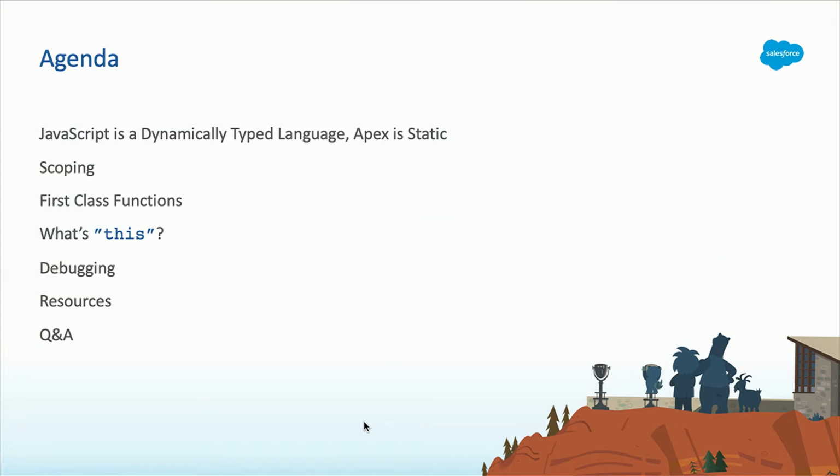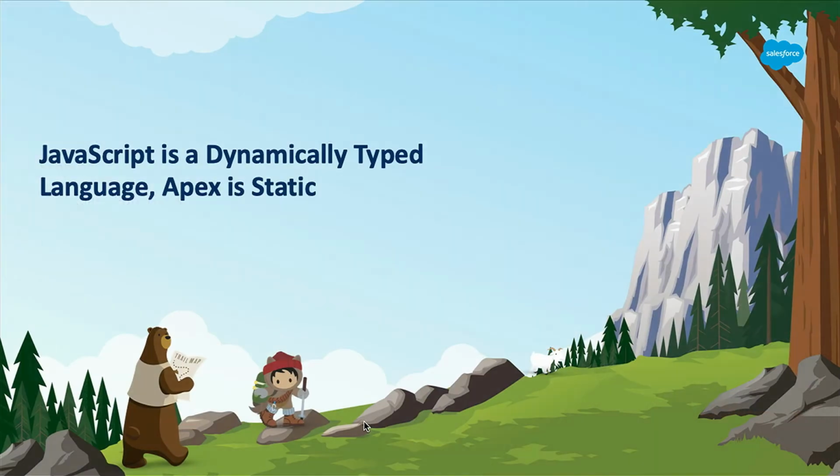Then we'll jump into how JavaScript supports first-class functions and how that influences the way you write your code. Then we'll spend a lot of time demystifying the this identifier. Afterwards, we'll jump into some debugging tools, do a little demo, and some interactive debugging that's available in JavaScript but not in Apex. And afterwards, we'll share a few resources and jump into Q&A. All right, let's get into it.